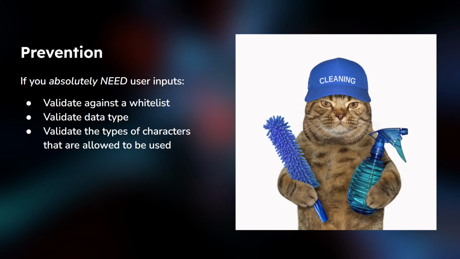So that would be a good example of where you could narrow that stuff down. And then, validating the types of characters that are actually allowed to be used. So if you're not expecting a tilde or a semicolon like we just saw, or maybe we did a semicolon, I haven't recorded that part yet, but you don't need all those characters in your user input. So, go ahead and just scrub all those things out.